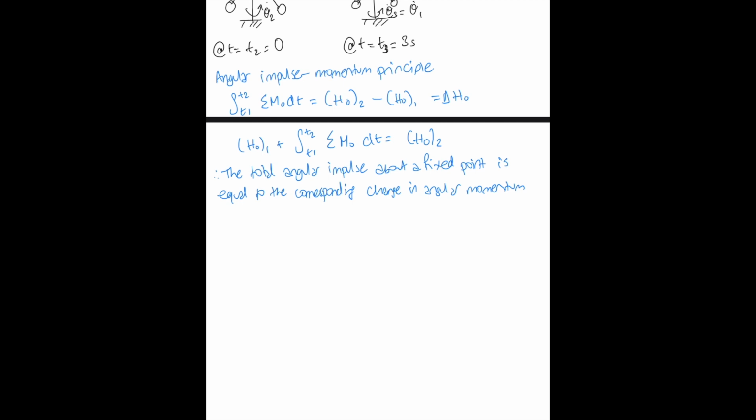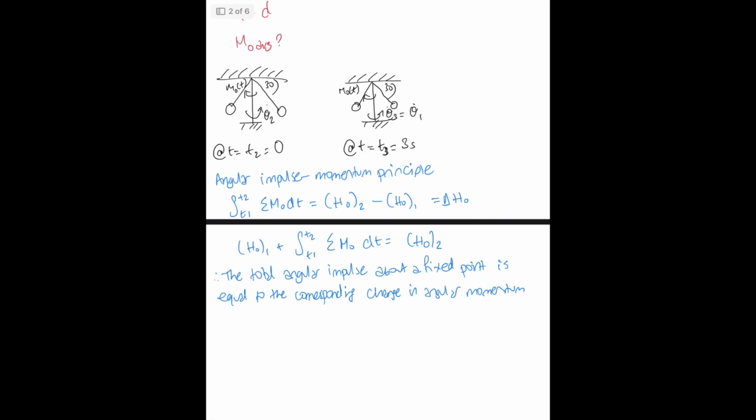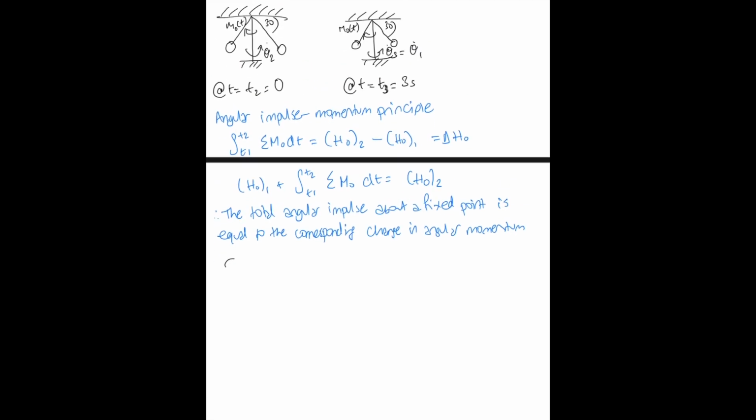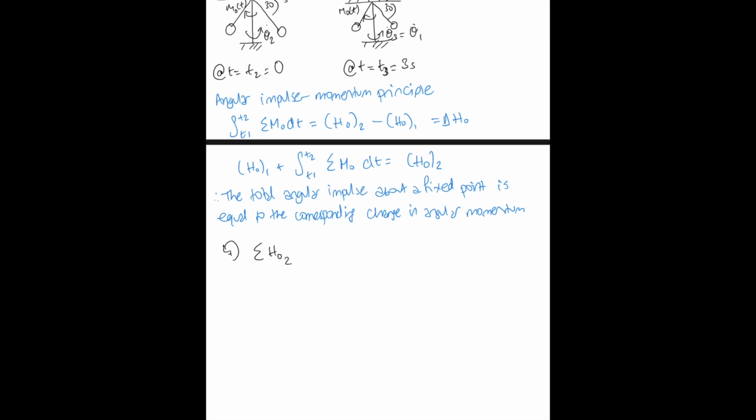So using this principle in our problem over here, we're going to assume that the moment is positive in this direction. And from there, we're going to take our sum of angular momentum minus the integral of the sum of moments.